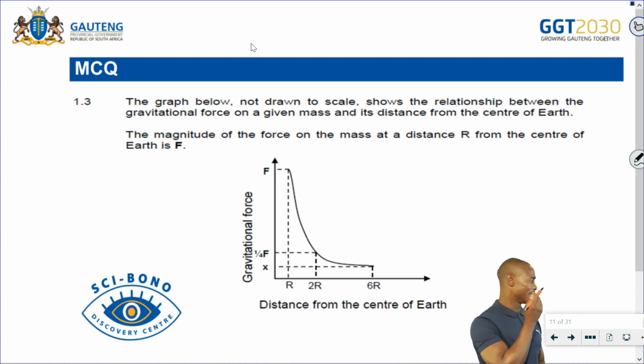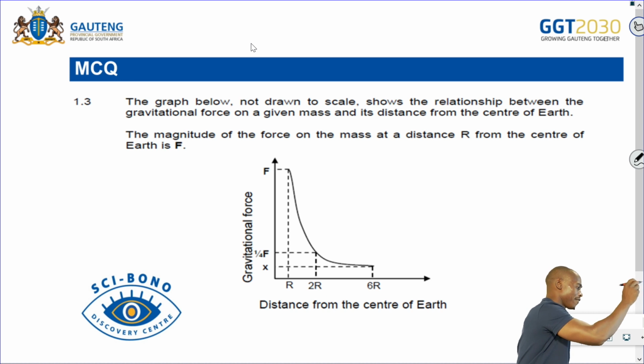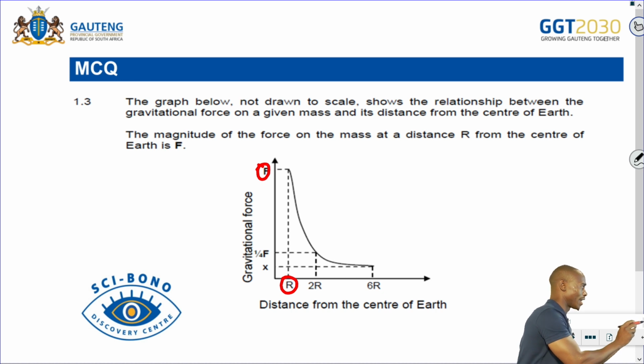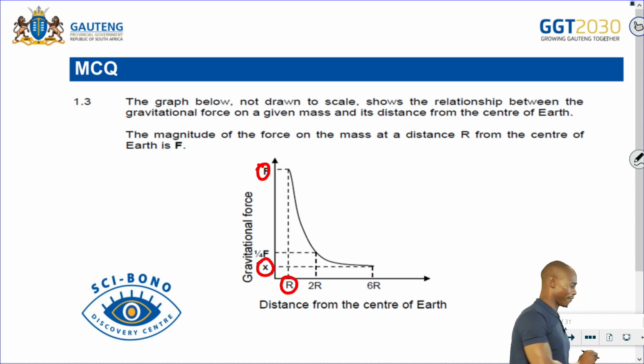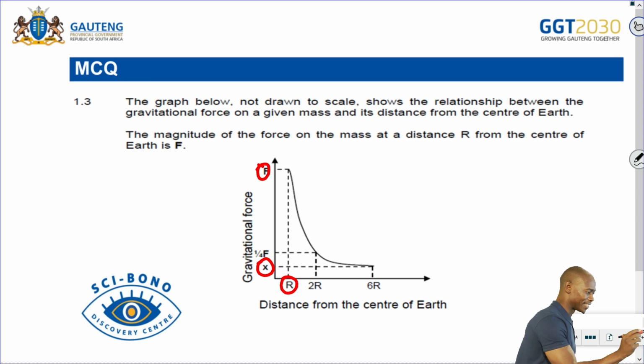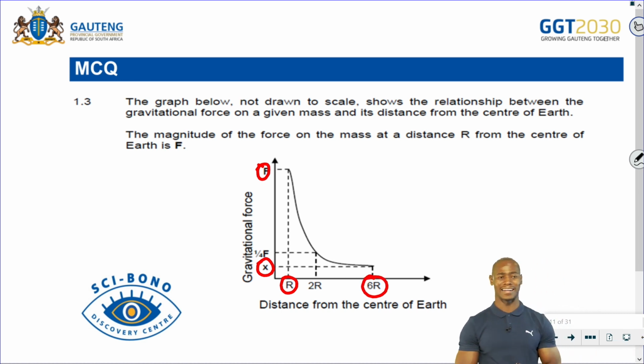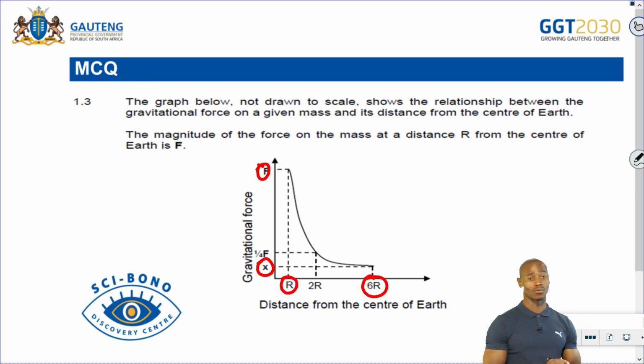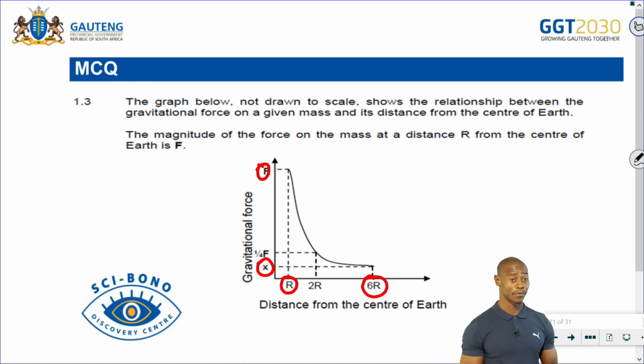Here for F, the distance is r. And for X, what are we looking for? We're looking for F where the distance is 6r.